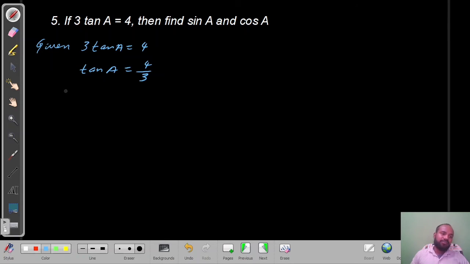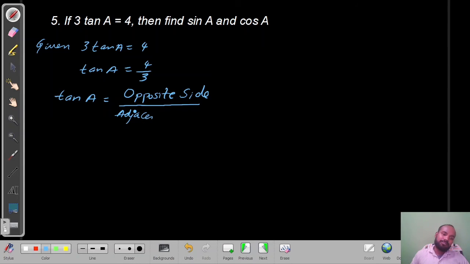We have the tan A formula also. Tan A equals to opposite side by adjacent side.